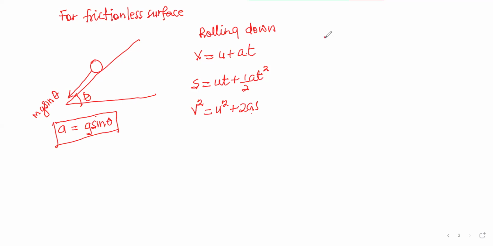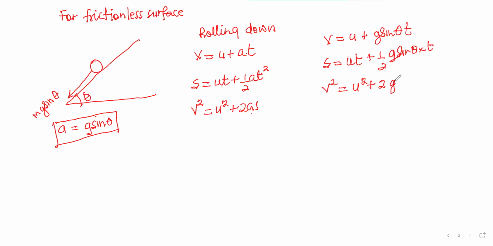And so equation 1 becomes V is equal to U plus g sine theta times T. And S is equal to UT plus half g sine theta times T. And V squared is equal to U squared plus 2 g sine theta times S or H. These are the equations of motion on an inclined plane.